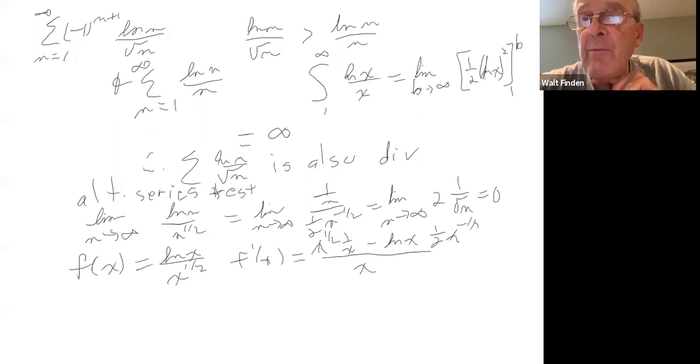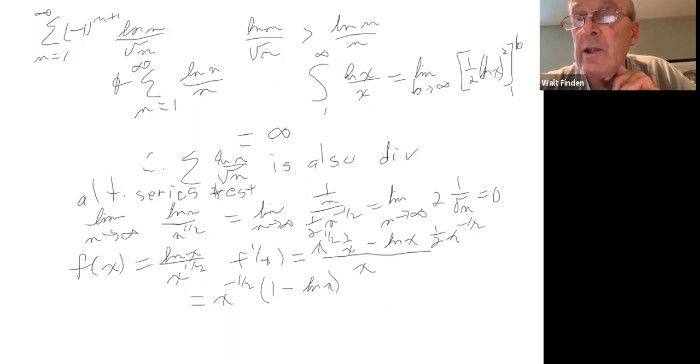Simplifying that, we get an x to the minus 1/2 coming out. We have a 1 minus natural logarithm of x. And that is negative whenever natural log x is greater than 1, or for x greater than e.